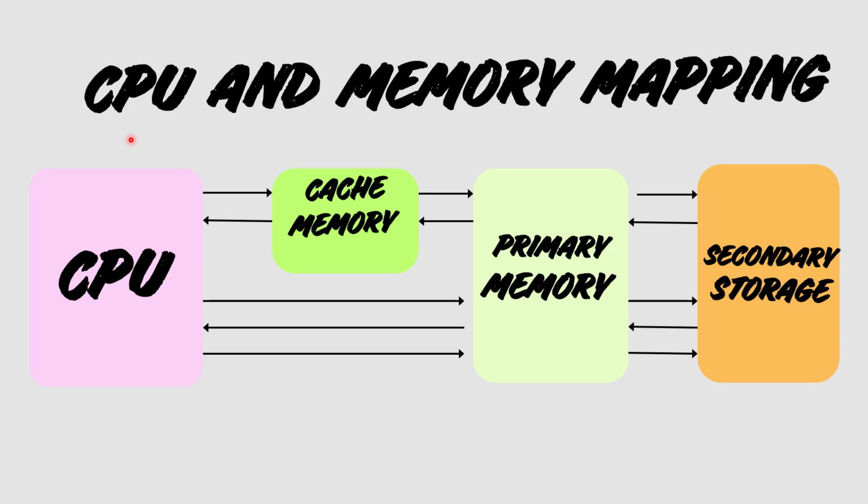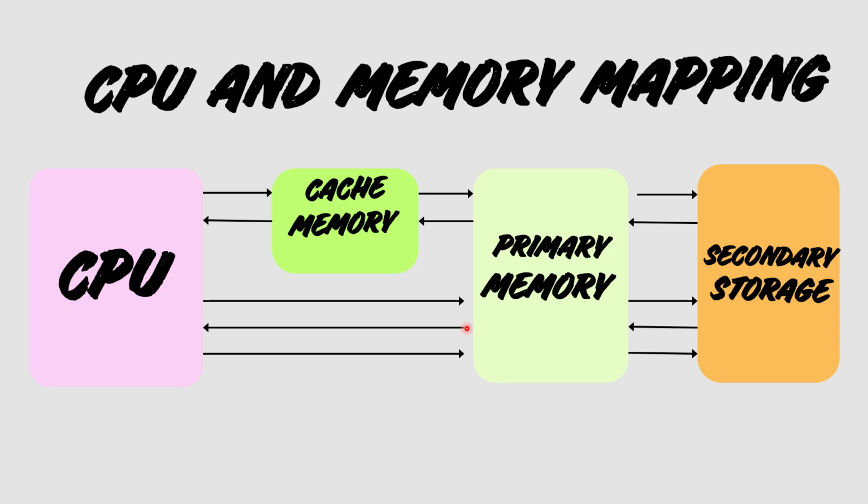We shall see in this slide how the memory and the processor communicate. In this picture, this is the central processing unit, or the CPU, and these are the three types of memory which we discussed earlier: the primary memory, the cache memory, and the secondary storage. How does the processor communicate with these three types of memory? The processor can communicate directly with the primary memory.